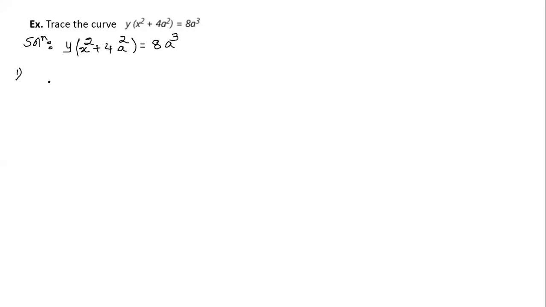Okay. So property one, if equation contains only even powers of y, not satisfied. Property 2 is if equation contains only even powers of x, yes, only even powers of x are there.